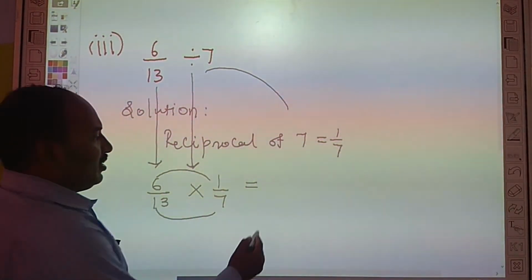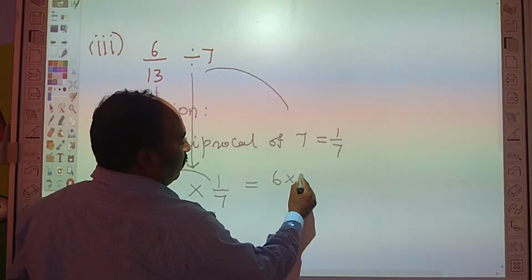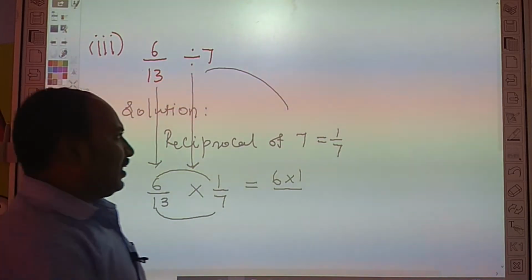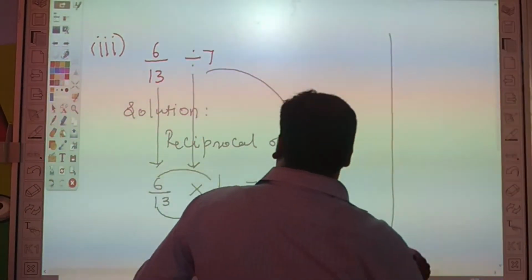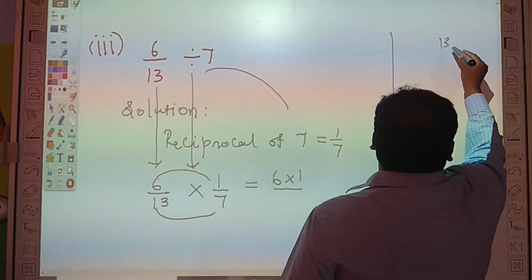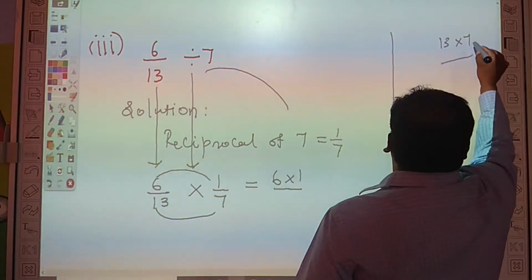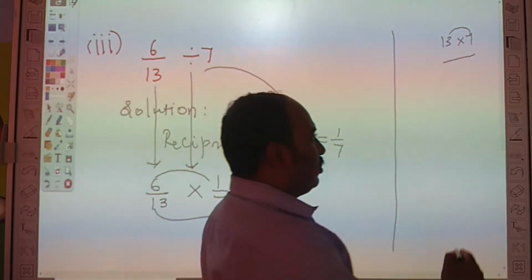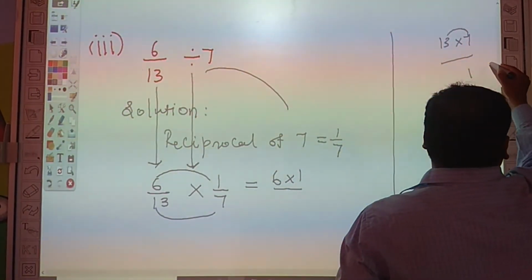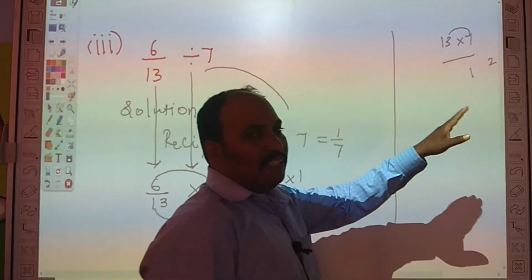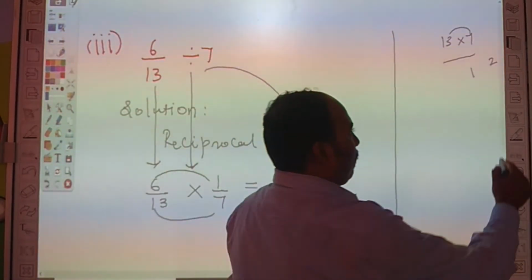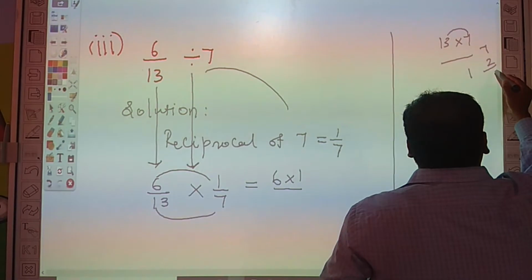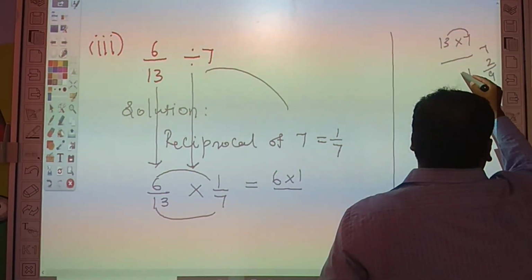Next we multiply the numerator into numerator and denominator into denominator. Our numerator part is 6 into 1, which is 6. Then the denominator is 13 into 7. Listen again, 13 into 7. 7 3s are 21, so 1 remaining 2. 7 into 1 is equal to 7, so 2 plus 7 is equal to 9.